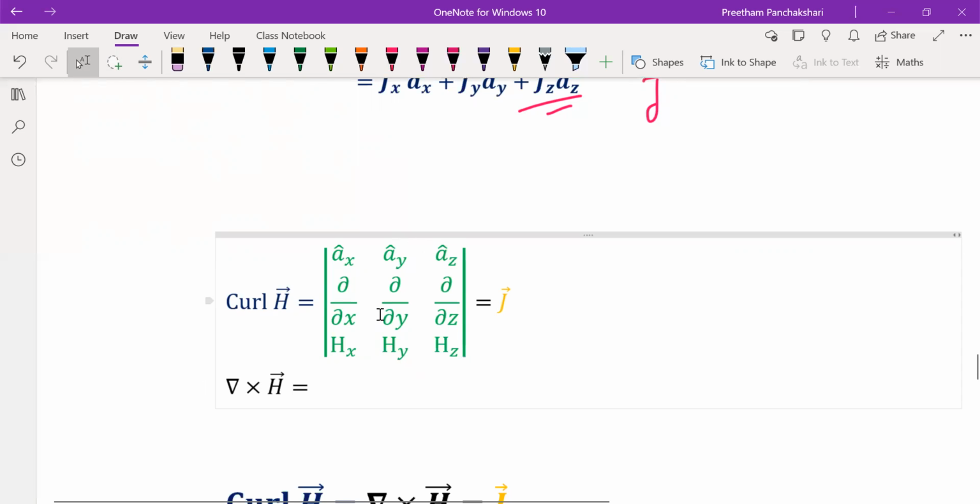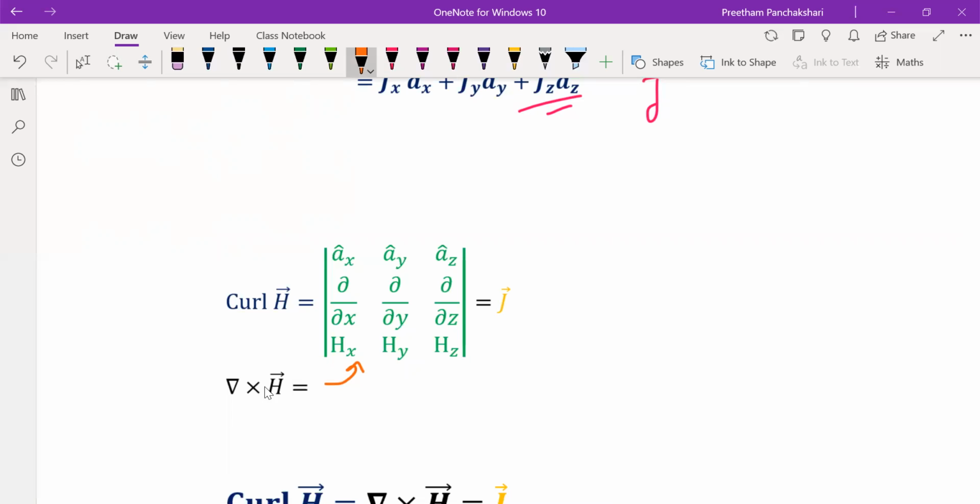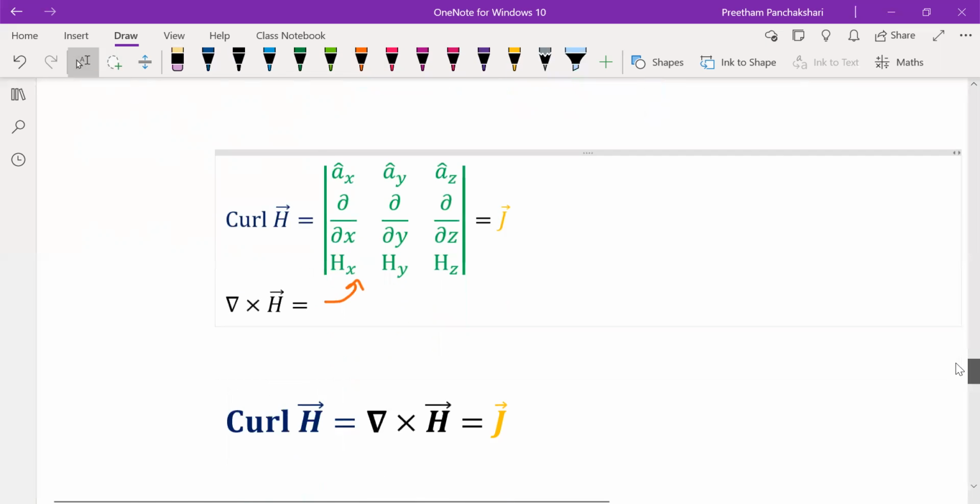The second row is the first vector in the cross product. The third row stands for the second vector in the cross product. Dou by dou X, dou by dou Y, dou by dou Z are the XYZ components of the del operator. So based on it, we can write del cross H. So del cross H is this determinant itself. So in place of the determinant, I can write del cross H.